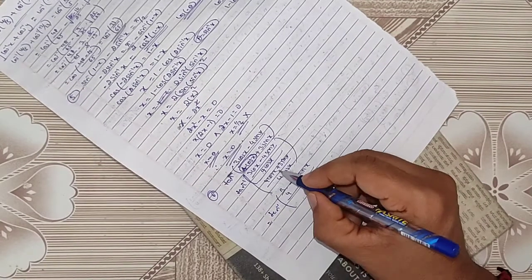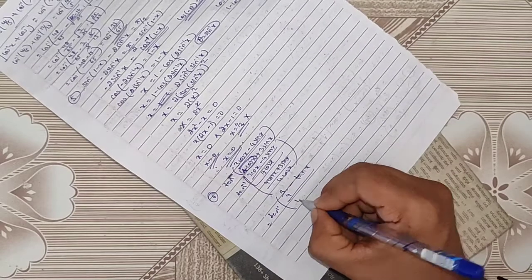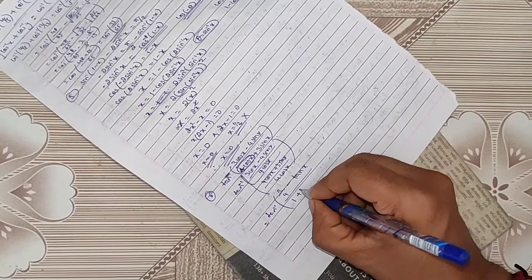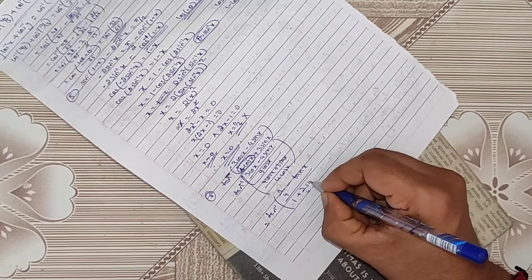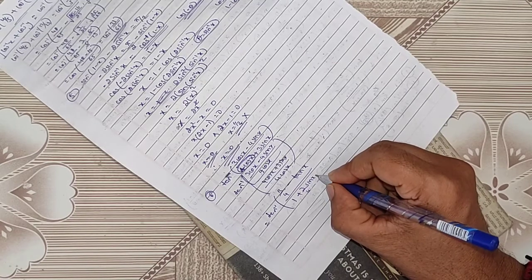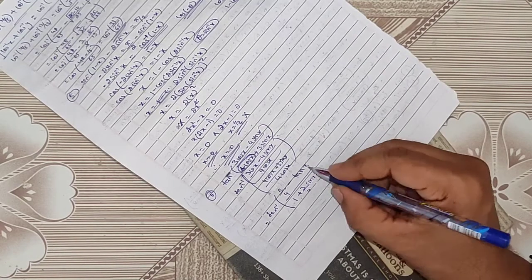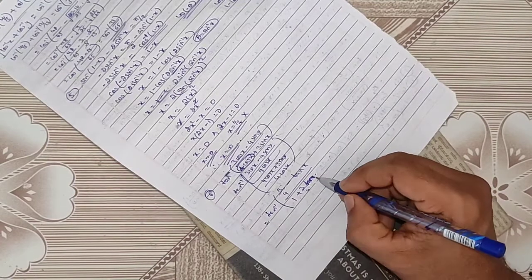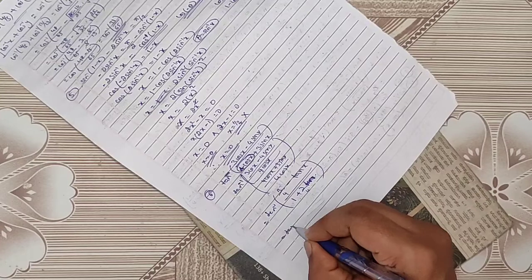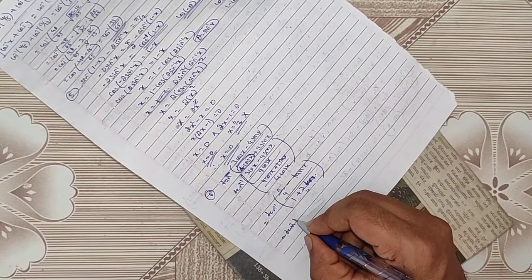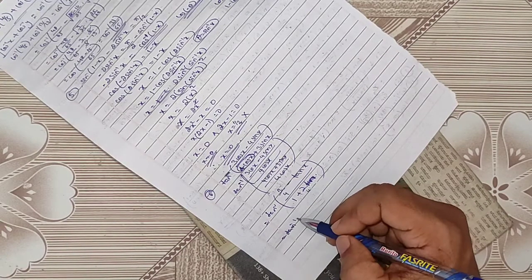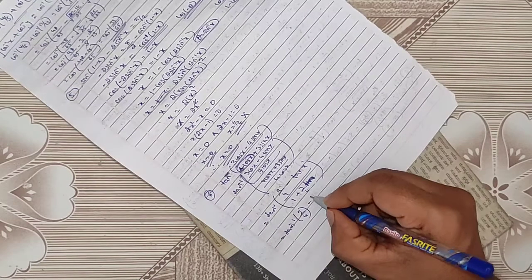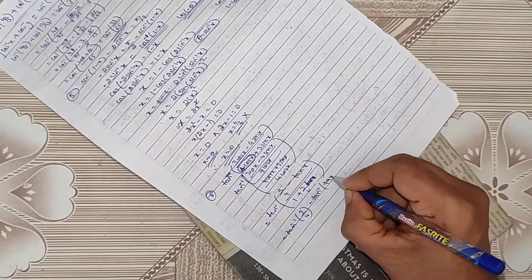Divided by this full term, it cancels and I get 1, then plus 3 by 4 sin x by cos x remaining, which is tan x. So 3 by 4 is this value and tan x is this value. This can be written as tan inverse of 3 divided by 4 minus tan inverse of tan x.